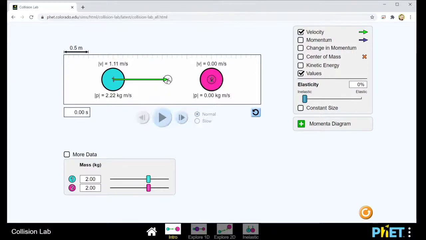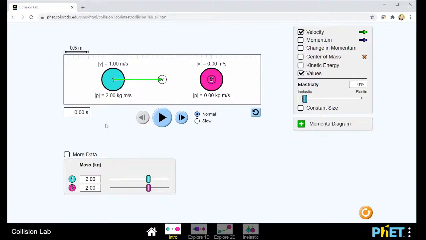Okay. There we go. So mass 1 has an initial momentum of 2 kilogram meters per second because it's moving at 1 meter per second to the right, and its mass is 2 kilograms, so that product gives you 2. All right. The second mass starts out with no momentum.